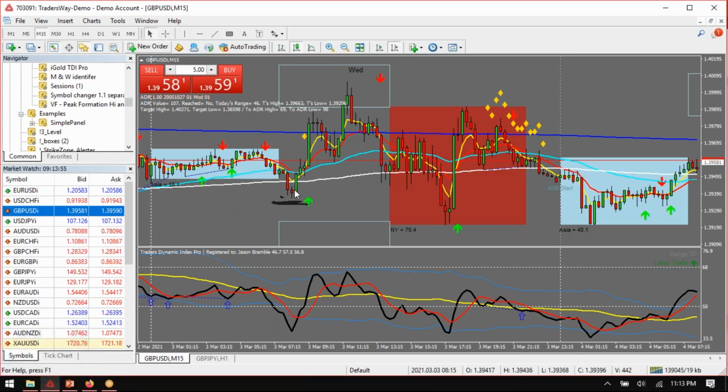Okay, now look at what happened here. If you took this buy position, this pullback would scare you out of the trade. Like, oh my God, it's coming back down. But the technicals, it never crossed the market baseline. It cut here, but it didn't cut the market baseline.